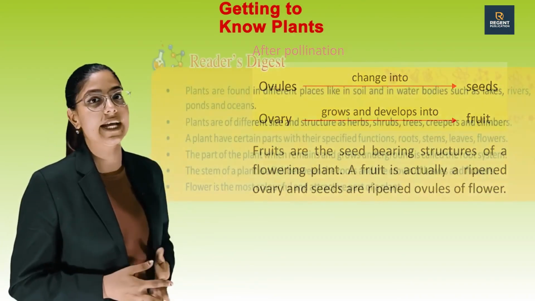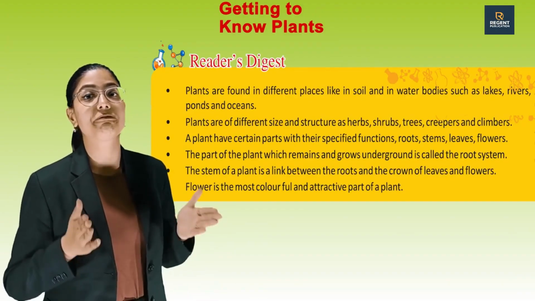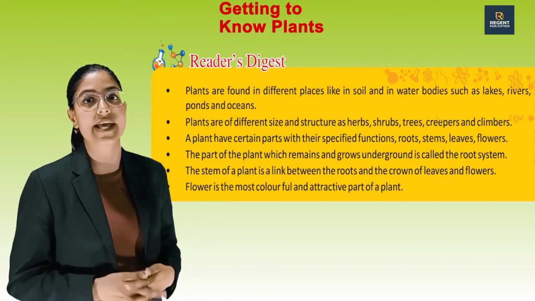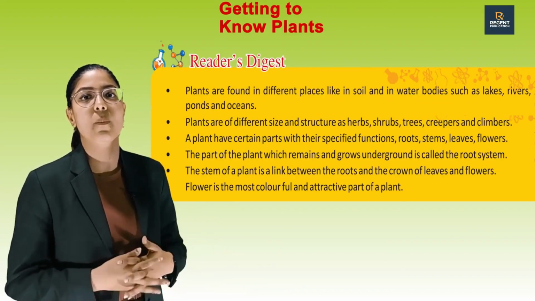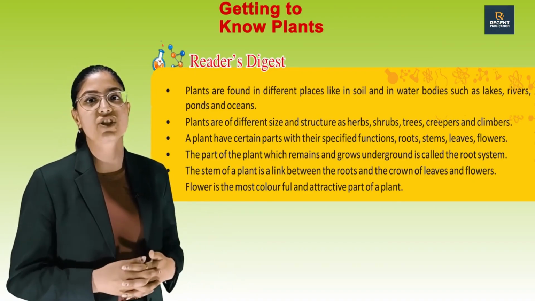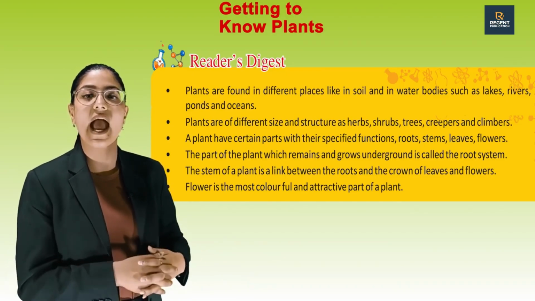Let's quickly revise with the Reader's Digest. Plants are found in different places like in soil and in water bodies such as lakes, rivers, ponds and oceans. Plants are of different sizes and structures such as herbs, shrubs, trees, creepers and climbers.